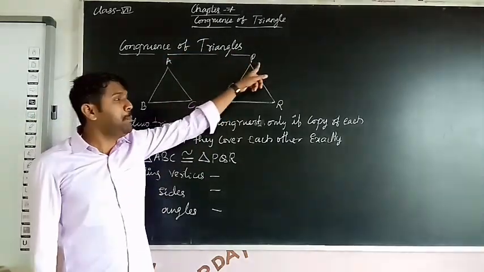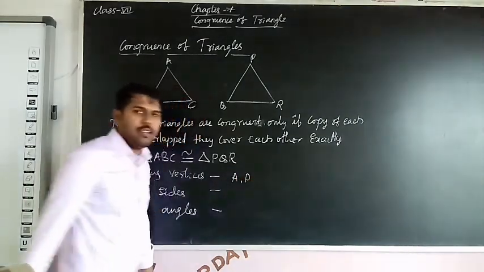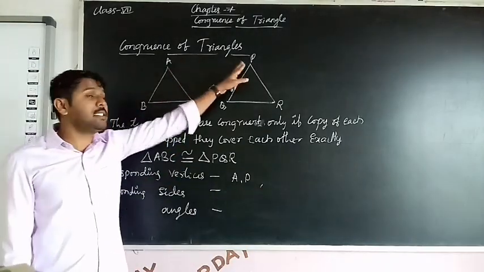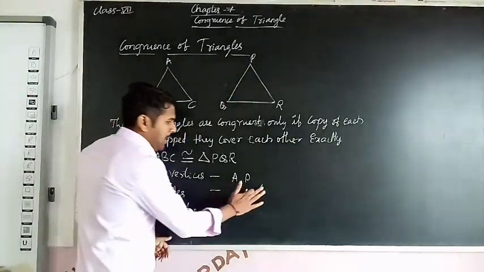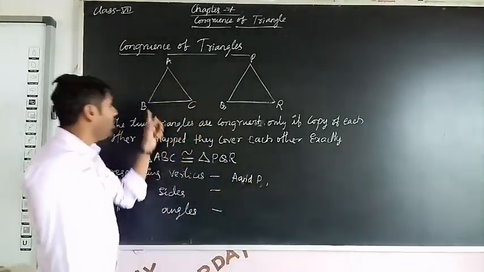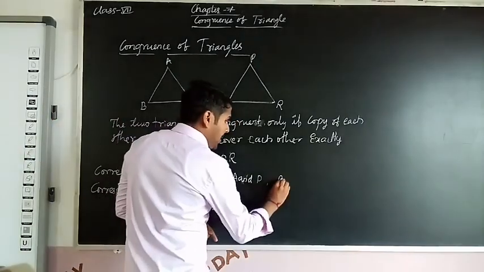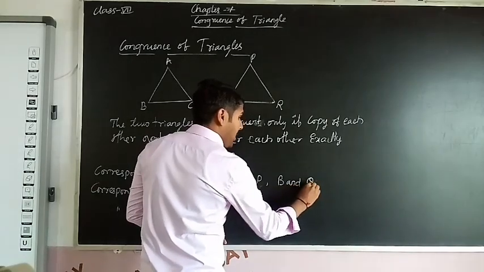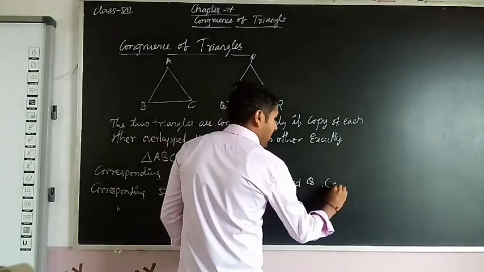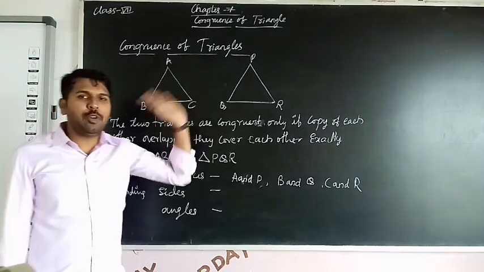For A, P. A and P. Next, for B, the corresponding vertex is Q. B and Q. Next, for C, remaining R. C and R. So these three are corresponding vertices.